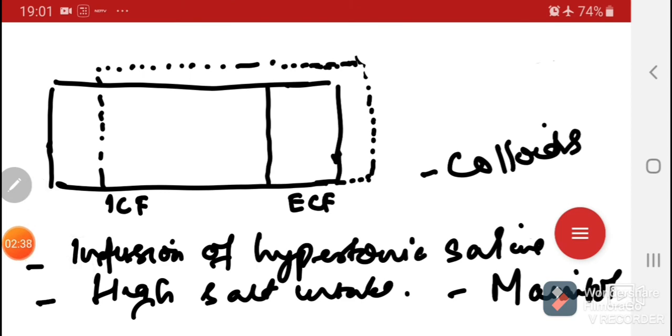In all these situations, we add hypertonic fluid to the ECF, so the volume of ECF is increased, the osmolarity of the ECF is increased, and as a result, fluid shifts from ICF into the ECF.